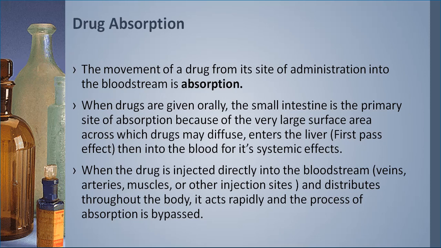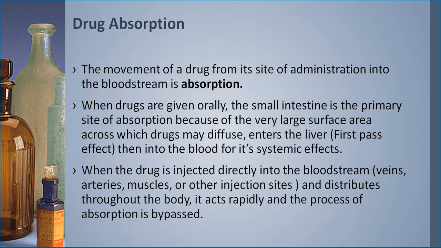So after the medicine has entered into the blood, it produces what we call the systemic effect. We've done this already. I've talked about local effects and the systemic effect. When a drug is rather injected directly into the bloodstream, that is the veins, intravenous, what we say when you have placed a drip on a person, or the arteries or the muscles, where they are giving injection at your thigh or at your backside or buttocks or other injection sites.